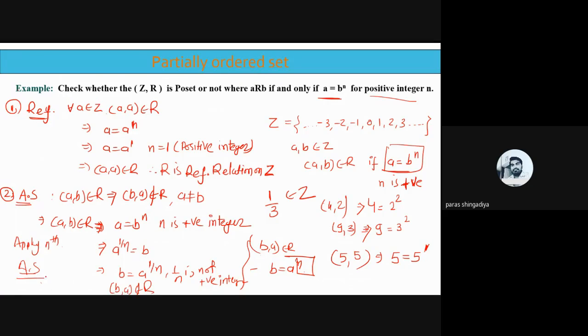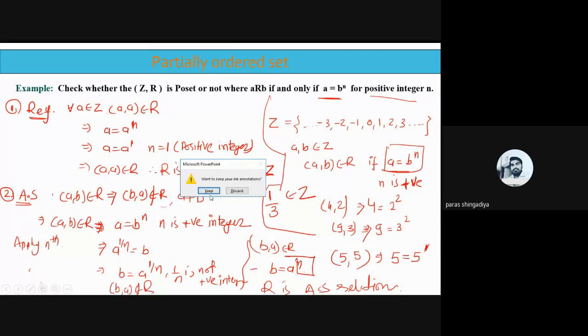Hence R is an antisymmetric relation. So reflexive we discussed, then antisymmetric is the solution we just saw. And now let us check the third one, that is the transitive.